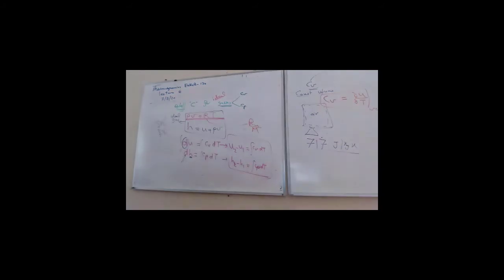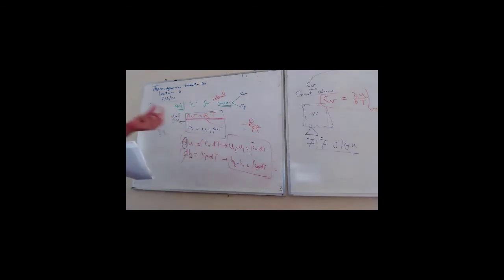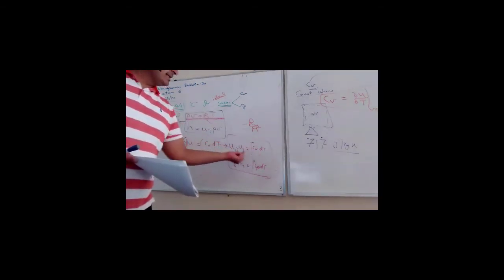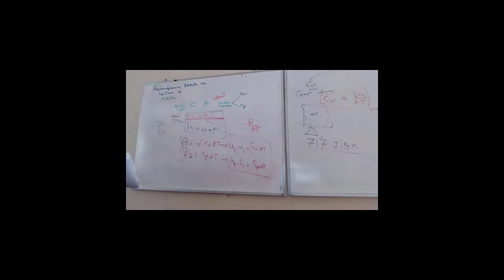But U is a property, and H is a property. So now I can say delta U is the integration of Cv dT. People are able to measure Cv and Cp as a function of temperature. So all I need is to put Cv here, integrate, and get delta U. Put Cp here, integrate, and get delta H.